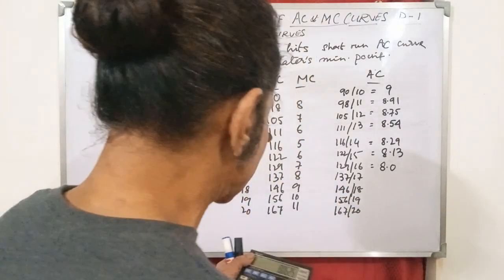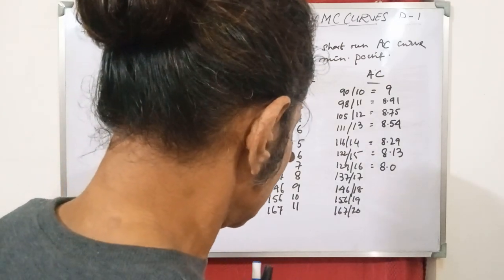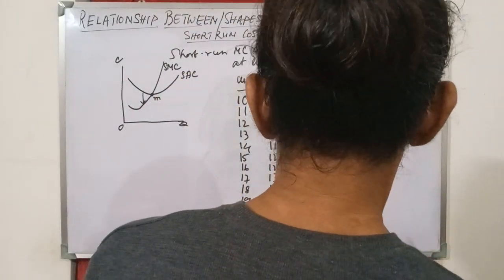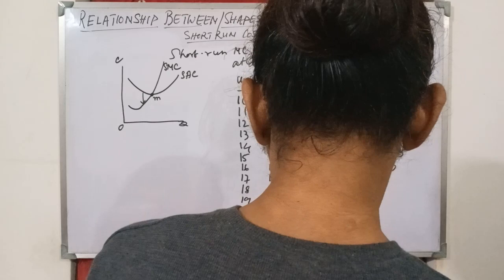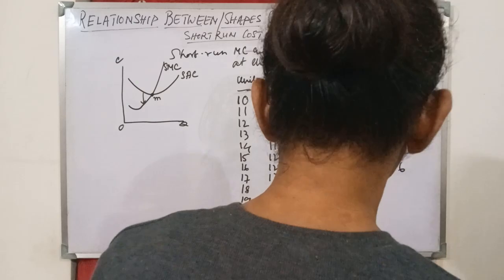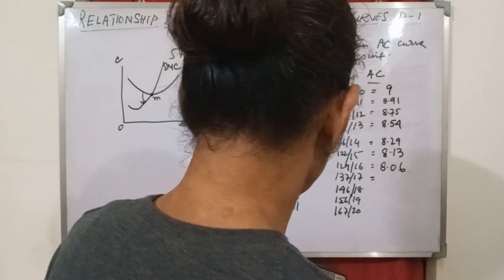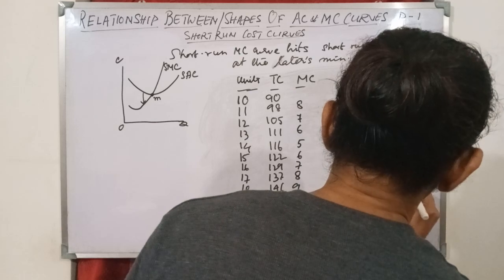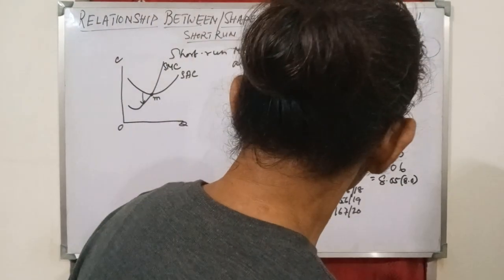Now 137 divided by 17. We get 8.05. 0.05 we can take as 8.0, as I was talking just now.